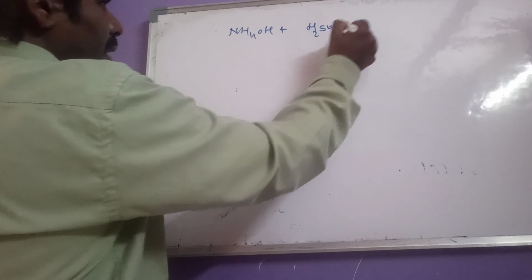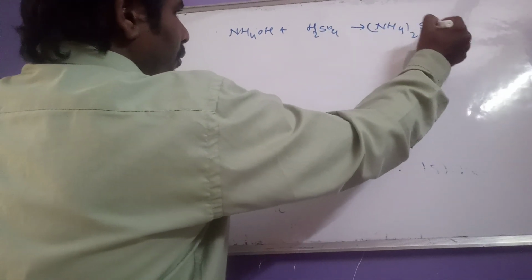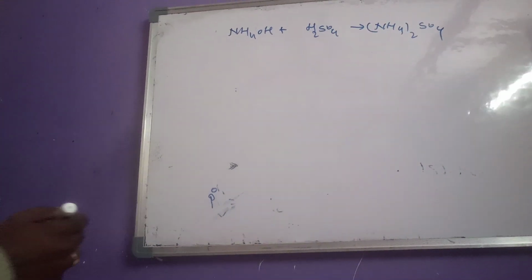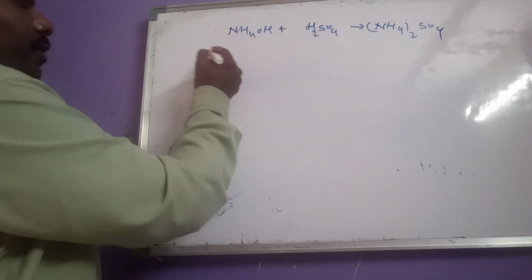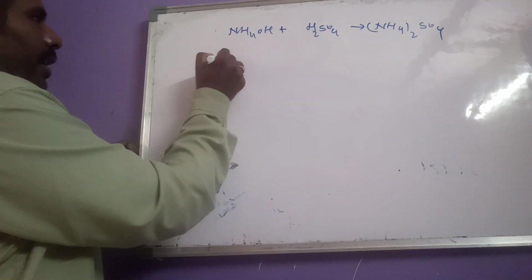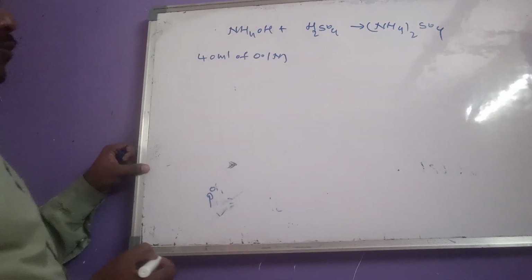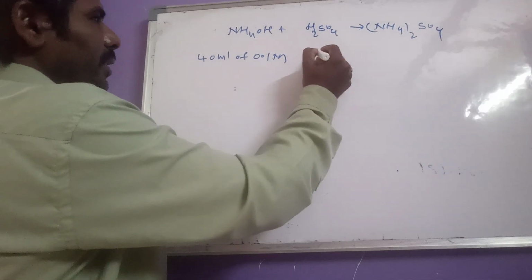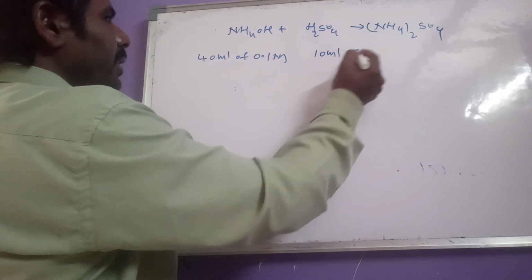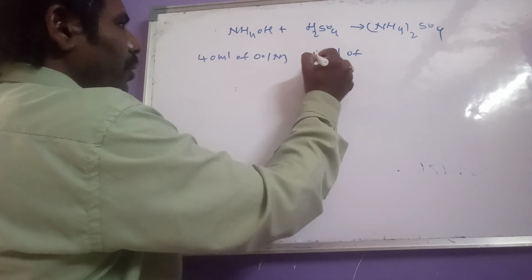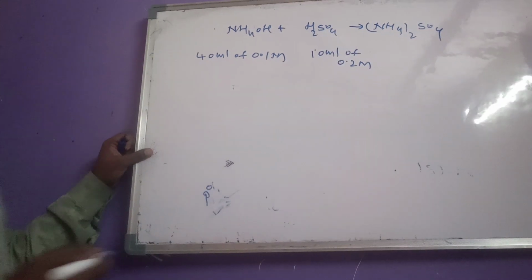It combines with sulfuric acid to give (NH4)2SO4. Now, a solution containing 40 ml of 0.1 M NH4OH and only 10 ml of 0.2 M sulfuric acid.